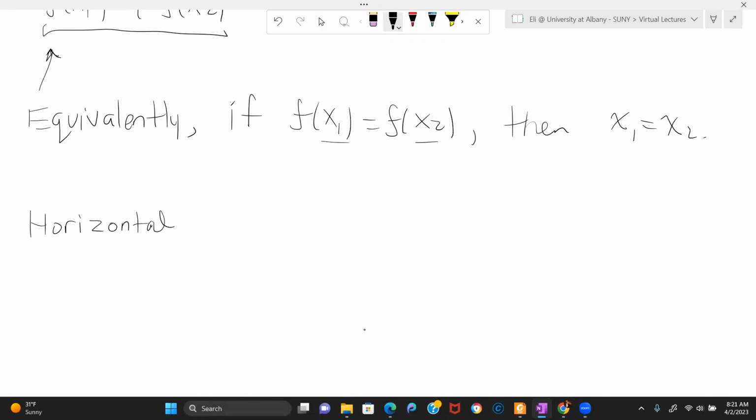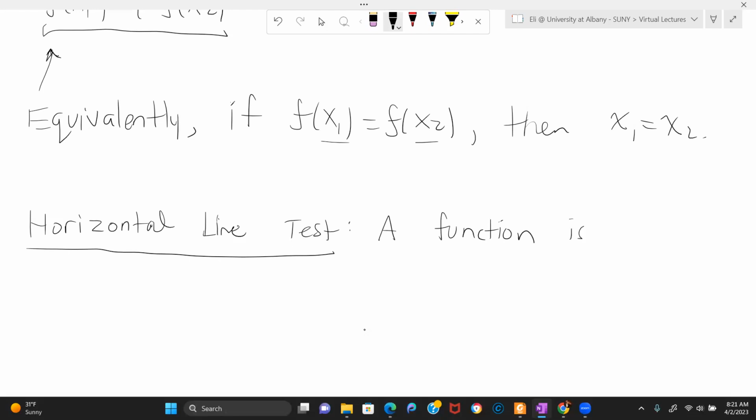We've seen something like a vertical line test, but now we have this horizontal line test, and it's going to be phrased slightly differently. It gives us necessary and sufficient conditions for when a function is injective.